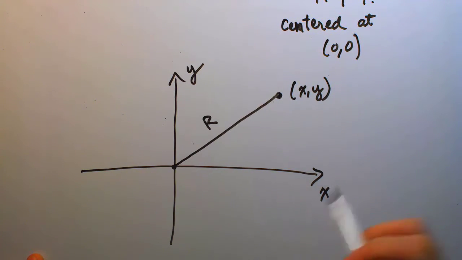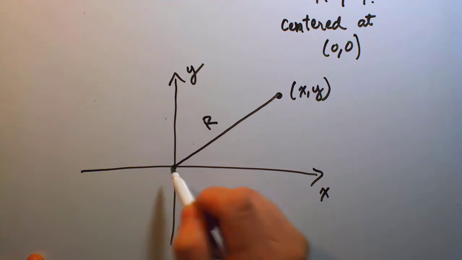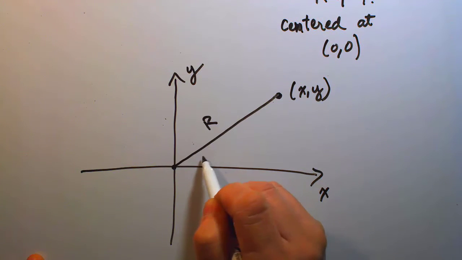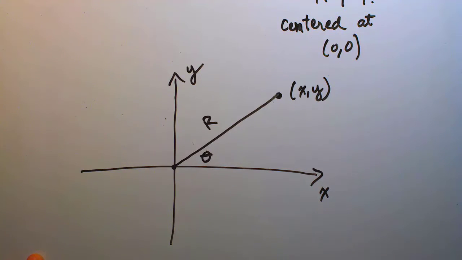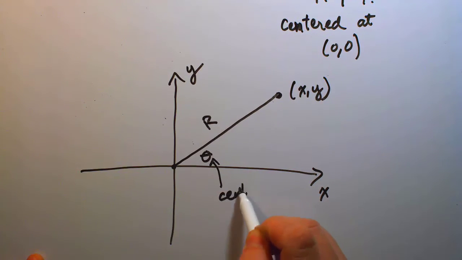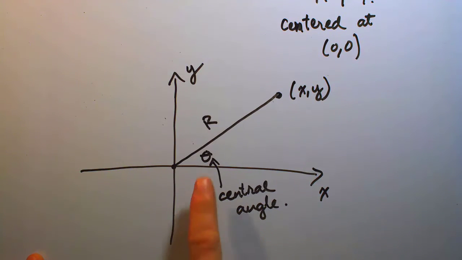But in the end, that radius has a similarity with the unit circle in the sense that it's still going to create that angle theta at the center. Once again we refer to that as a central angle. And so there will be a sine value and cosine value for that angle.